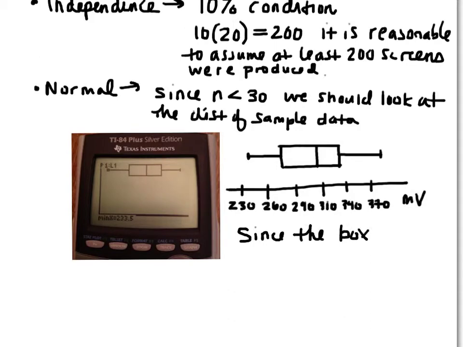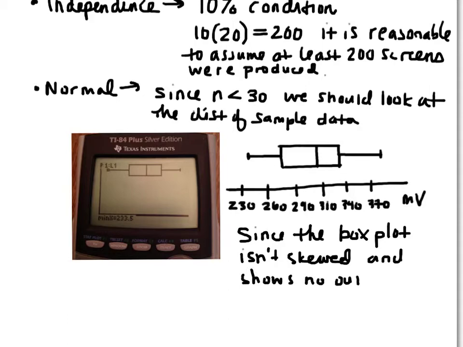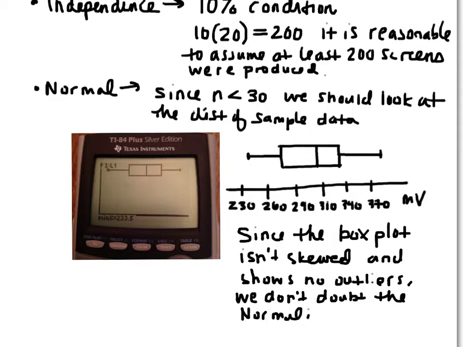Since the box plot isn't skewed and shows no outliers, we don't doubt the normality of the population.